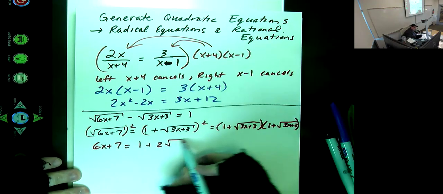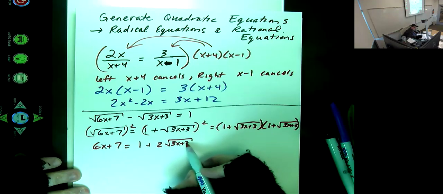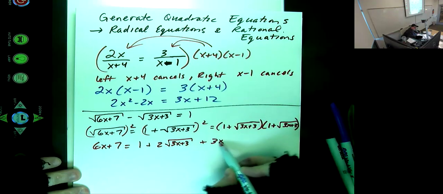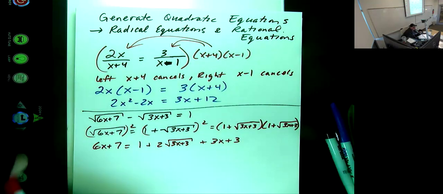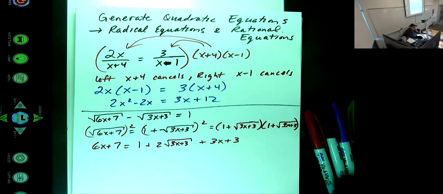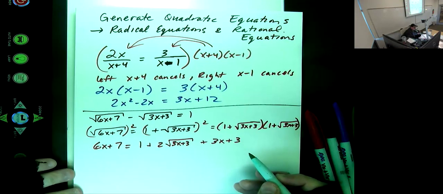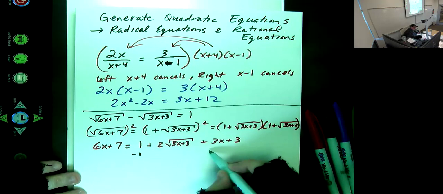And you end up getting something like this. So I'm going to move everything that's not with the radical over.